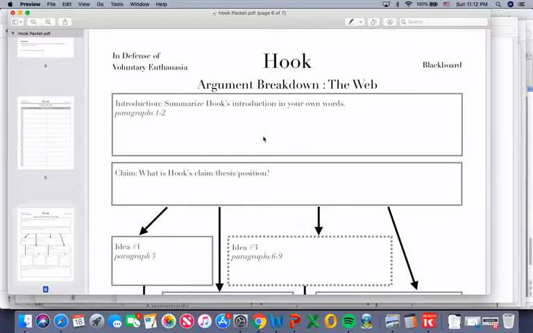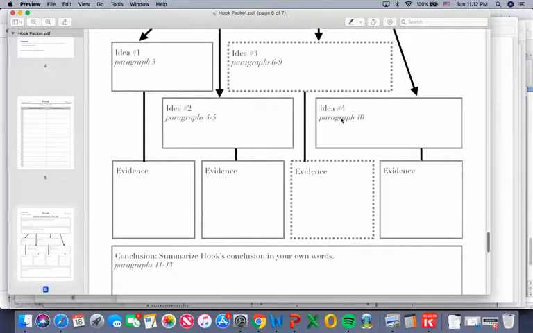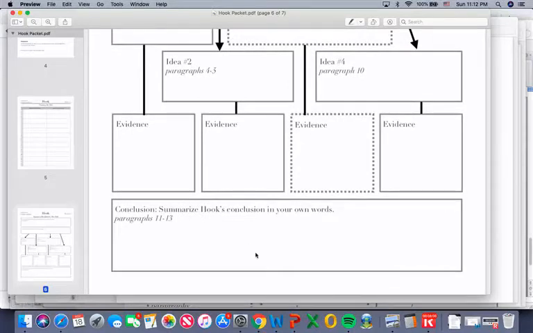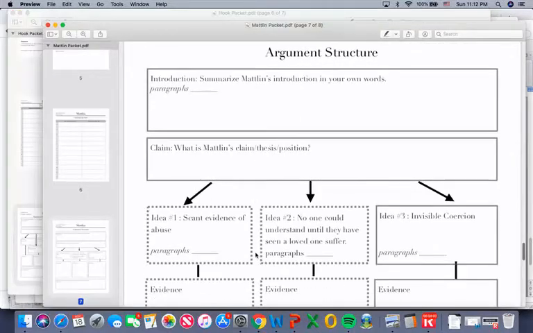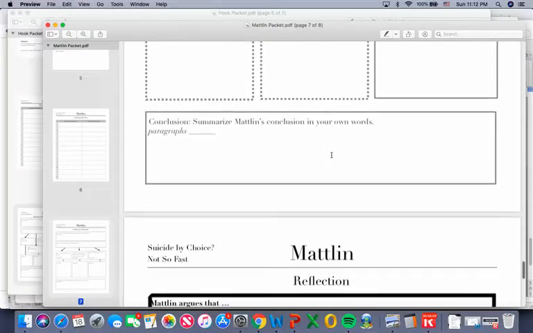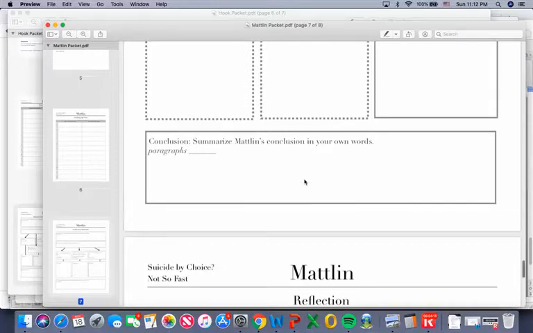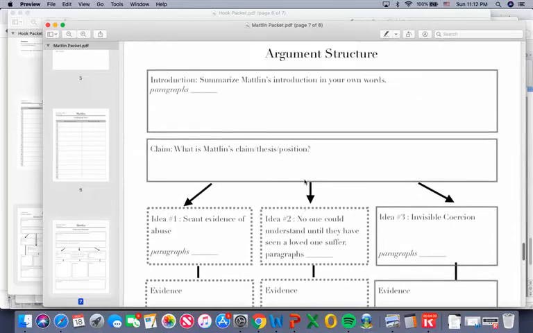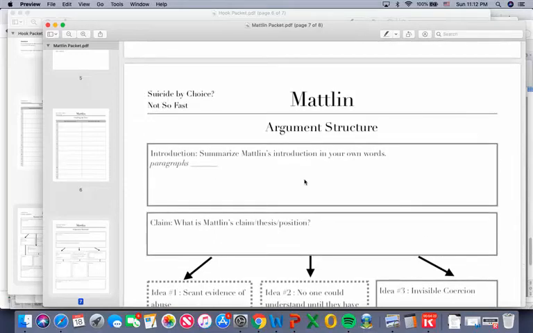And if we look at Matlin, again we've got an introduction, a claim, all the arguments, and then the conclusion. Even though Wagner's piece had the call to action and the comparisons, we don't see that in the other activities, so I'm going to leave those out of this part.